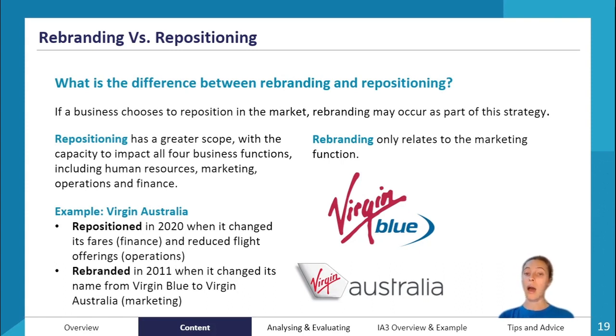Marketing is one of our 4 key business functions, but there are 3 other ones as well. Those other 3 fall under the banner of repositioning, but not under the banner of rebranding. So repositioning has that greater scope and can impact all 4 business functions.